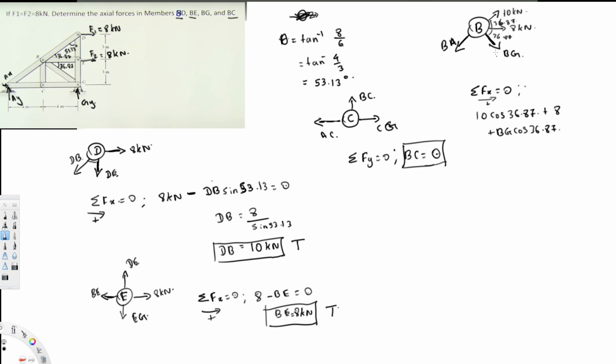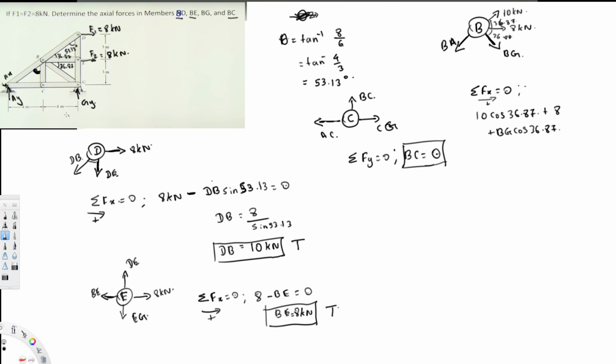Now we are done with these sides. Now we have another side with one unknown here, so we have to know this angle. If you see, tan theta is 4/3. It's the same as what we calculated here, 4/3, 53.13.